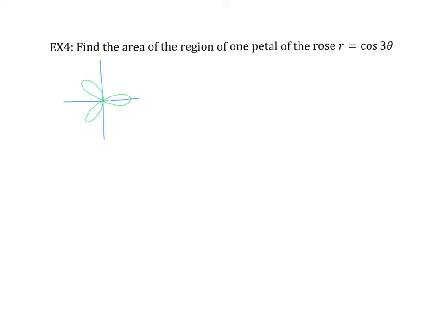And I'm supposed to find the area of that whole region. But again, I don't want to. I want to use symmetry. So if I just look at the upper part, and you don't have to do this, the upper part of that first petal or leaf, it will be bounded by theta equal to 0.